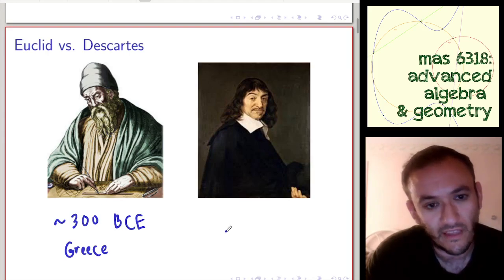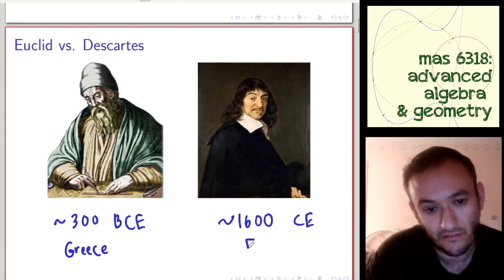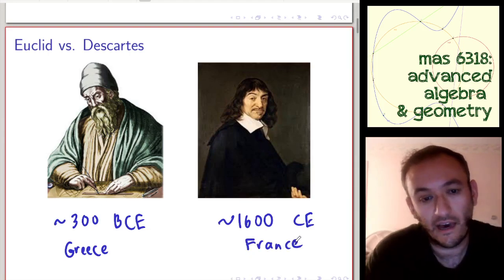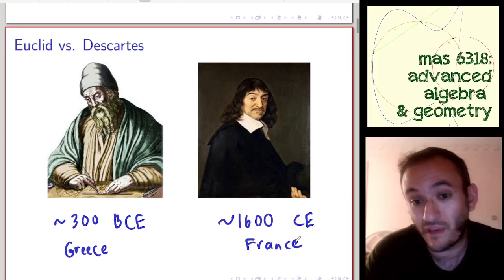And then we have Descartes, around 1600 in the Common Era in France. Descartes was the one who introduced the innovation of having numbers to describe locations.